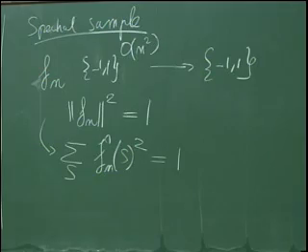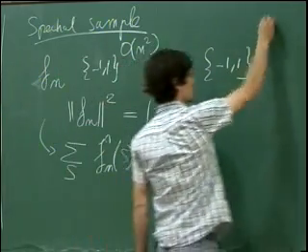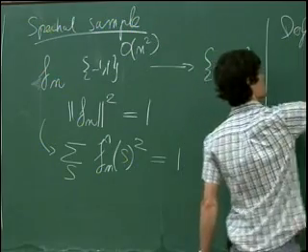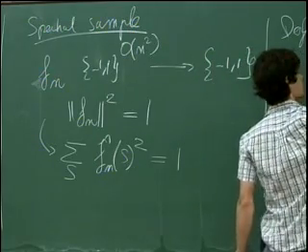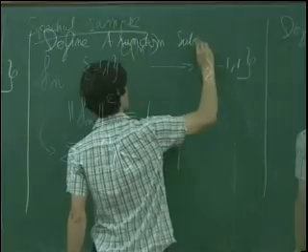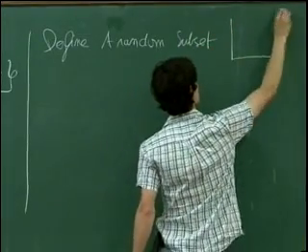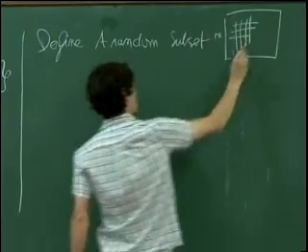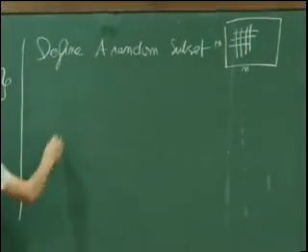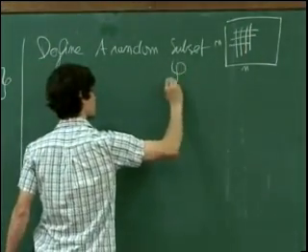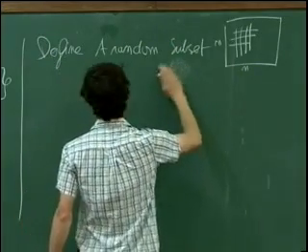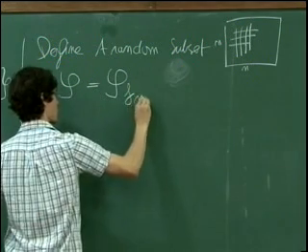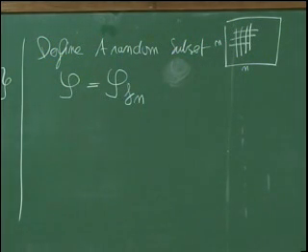So now, what you do with it is that it enables you to define a random subset of your domain as follows. The random subset will be denoted like that. And this is the spectral sample which corresponds to the Boolean function f of n.